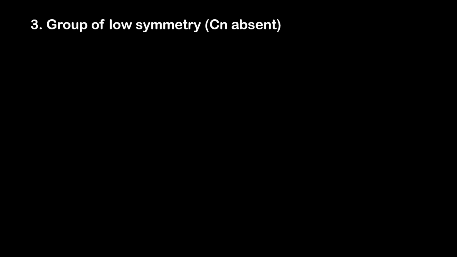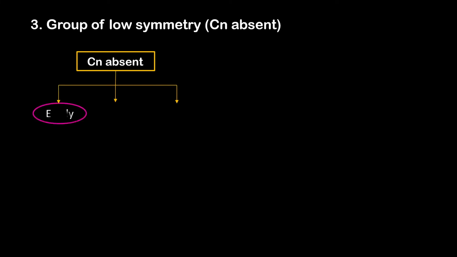Third classification, that is group of low symmetry where Cn is absent. If Cn is absent in the molecule, it is further classified according to whether only E is present, E and sigma are present, or E and i are present.